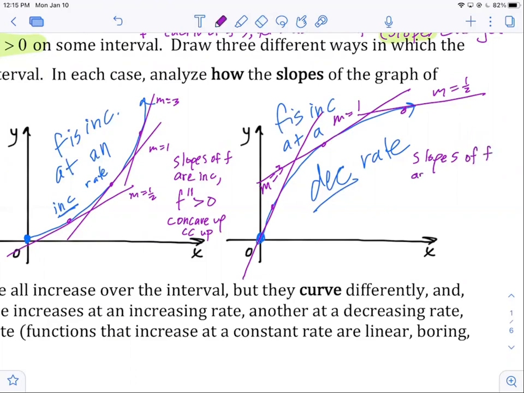Slopes of f are decreasing. And so what that means is f second derivative is negative. Remember, you always want to justify, as I said, using a sign or how a sign changes. So the slopes of f are decreasing means f prime's derivative, which is the second derivative, is negative. And we say that that is concave down like a frown, right? Concave down like a frown. CC down. CC up, CC down.